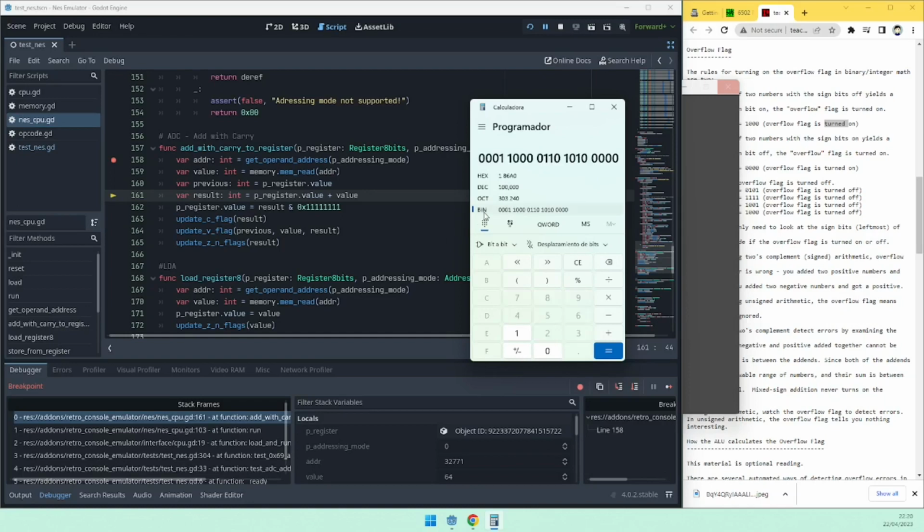Wait, this should be binary. 1, 0, 0. Oh, yes, it is 64.